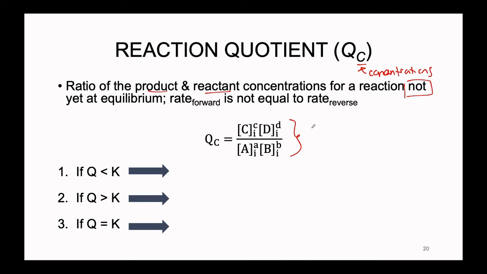So the equation itself looks very similar to Kc, right? We have products raised to the exponent of their stoichiometric coefficients, all divided by reactants raised to their stoichiometric coefficients.